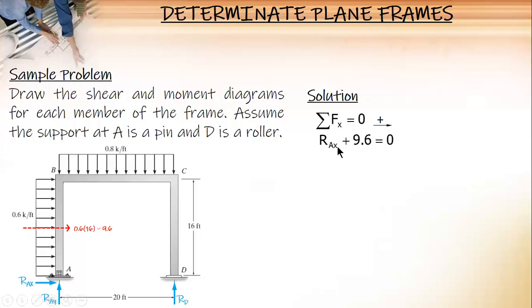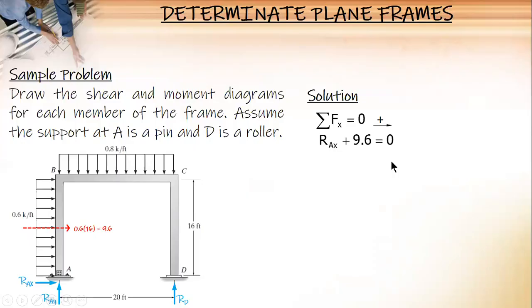Now, remember, you can predict already that RAX is directed to the left, considering that this load is directed to the right. But for purpose of demonstration, let's assume that the horizontal is directed to the right and the vertical directed upward.